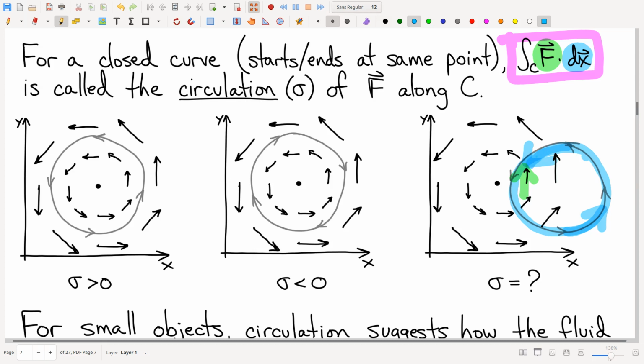So in some places the fluid is going opposite of the direction that the curve is going. In other places, the same vector field is going positively in the same direction that the curve is going. So in some places I'm going to get negative terms, in some places I'm going to get positive terms. And as I add up over this entire curve, it's not immediately obvious whether there's more positive or more negative. So in this case, I'm just going to leave it as a question mark.